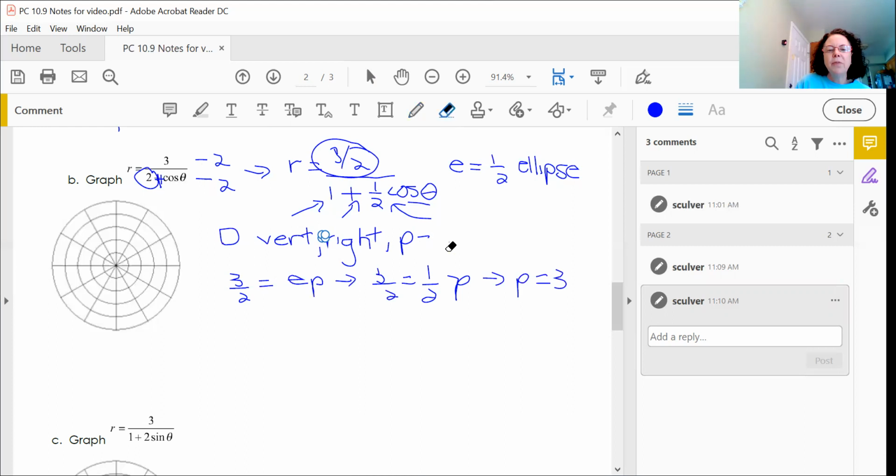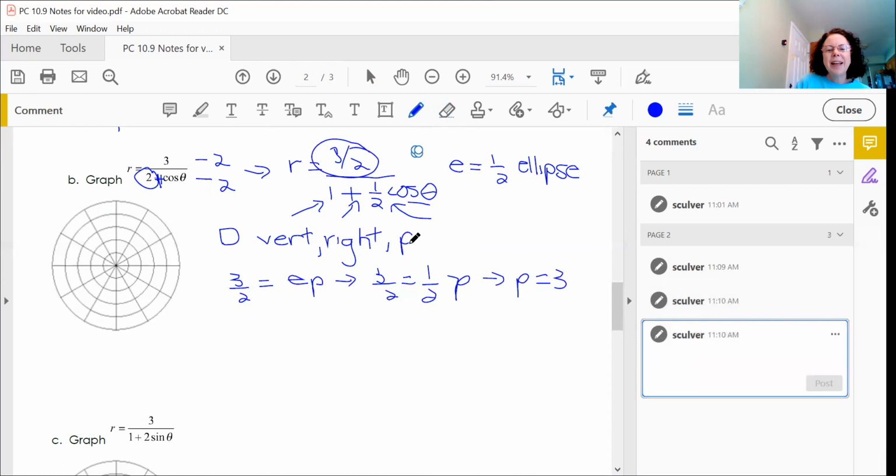I don't know why I put a 4 there. Let's try this again. So our P is equal to 3.